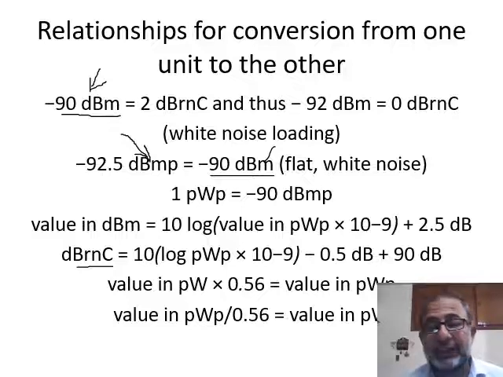This is the conversion from pWp to dBrnc. So if we multiply the value in picowatts by 0.56, we get the value in pWp, and to get the value in picowatts, we need to divide pWp by 0.56.